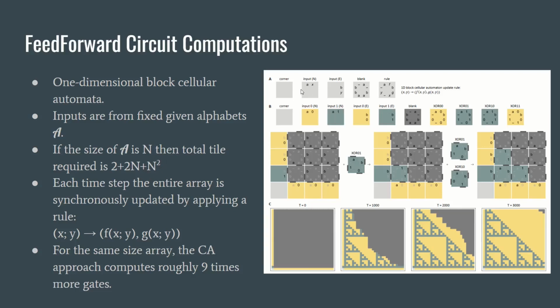For example, here they have used two alphabets, so n is 2. Because of that, they are using 10 tiles here. Each time step, the entire array is synchronously updated by applying the rule.